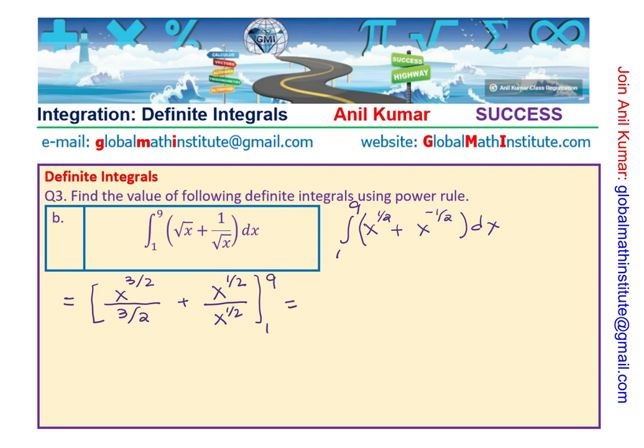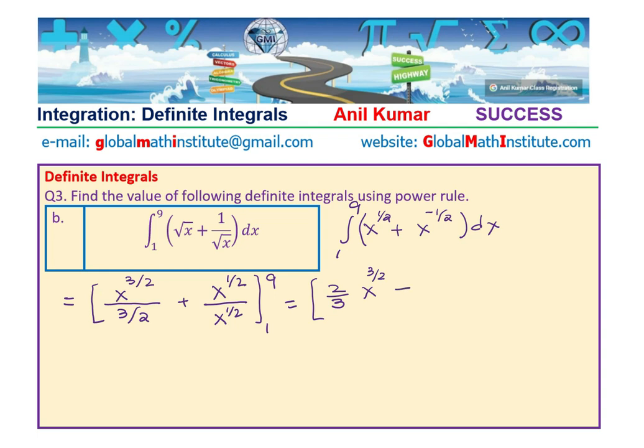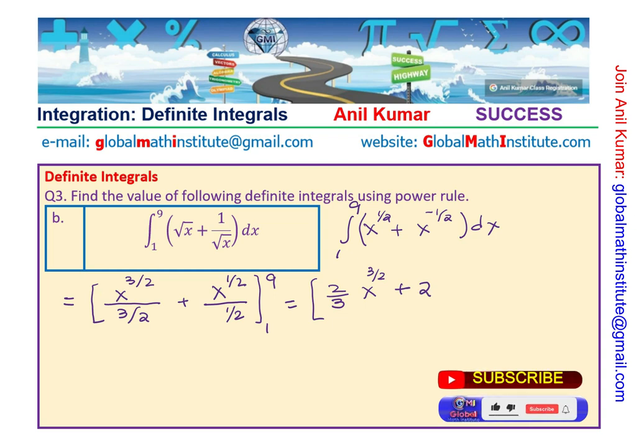Correct? Now this can be written as, it's important to simplify, 2 over 3 x to the power of 3 by 2 plus, or here it is only half, not x to the power of half. So it is plus 2 times x to the power of half, which is square root, from 1 to 9.